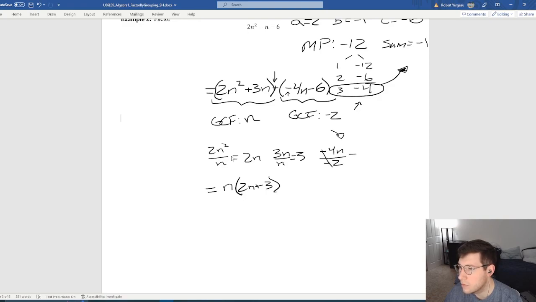Negatives cancel. This is going to give me 2n. And then negative 6 over negative 2. Again, negatives cancel for 3. And so this is going to be now minus, or even, you know what, if we want to write it as plus negative 2 times, I'm okay with that for now. If this is what lets us see this, let's do this. 2n plus 3.